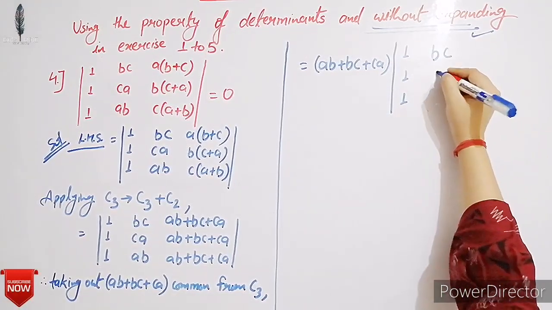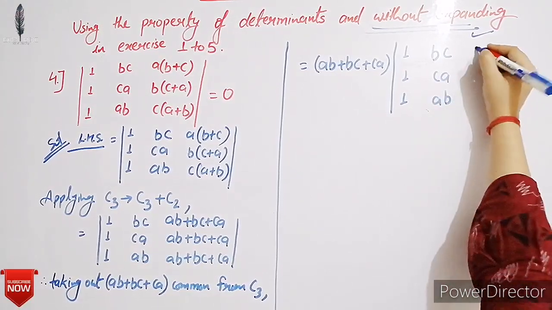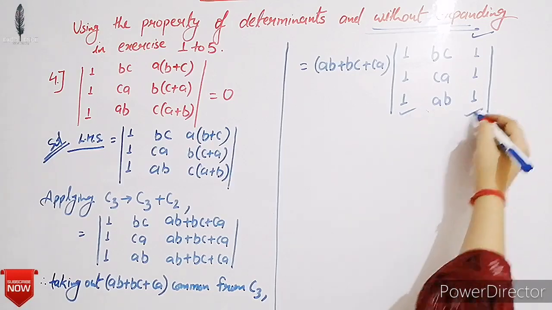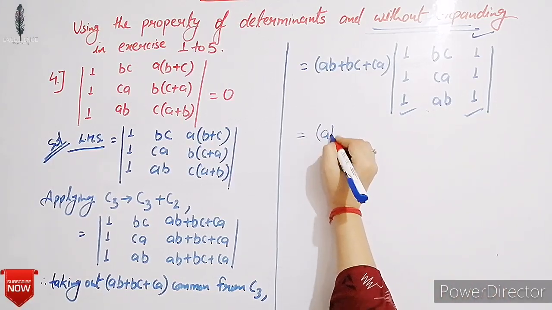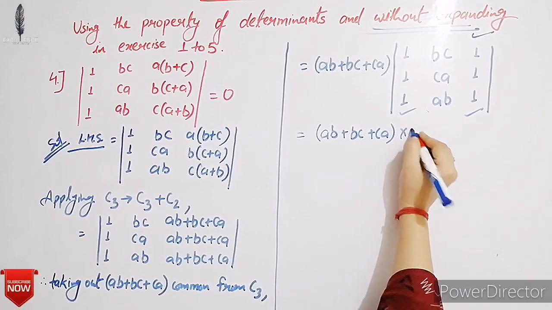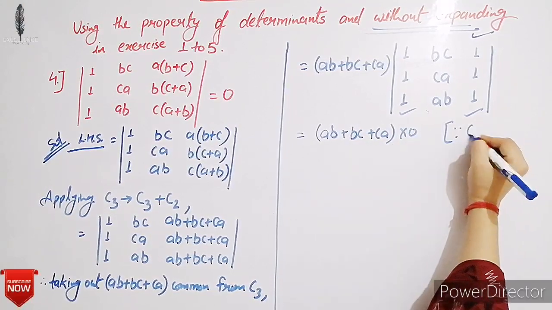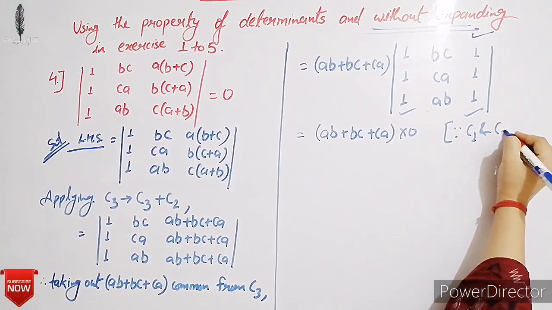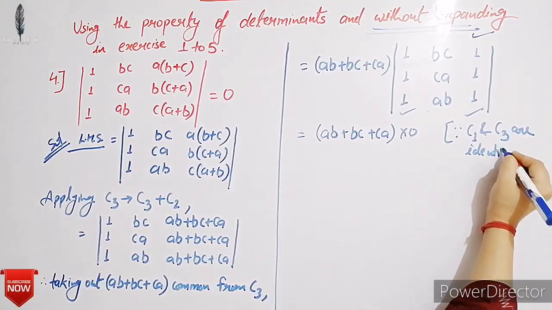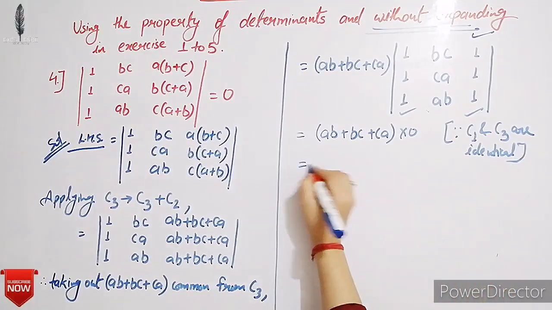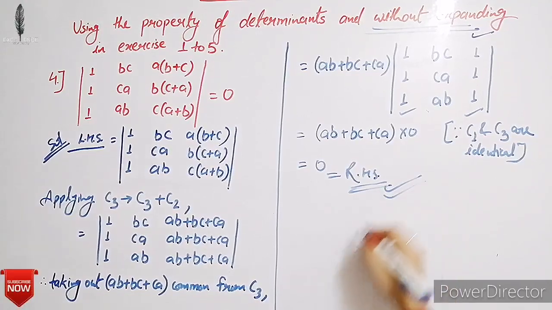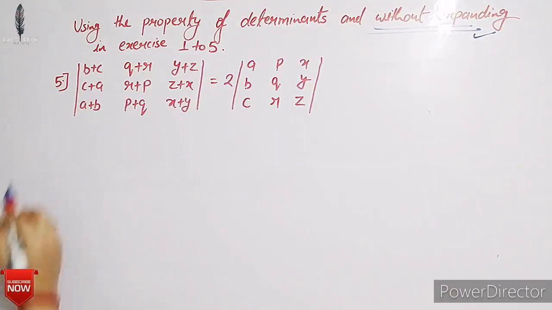C2 is bc, ca, ab, and C3 is also 1, 1, 1. So here clearly C1 and C3 are identical. So here ab plus bc plus ca into the value of the determinant is 0 because C1 and C3 are identical. So it is equal to 0, equal to RHS. Hence proved. Let's see the next question, question number 5.